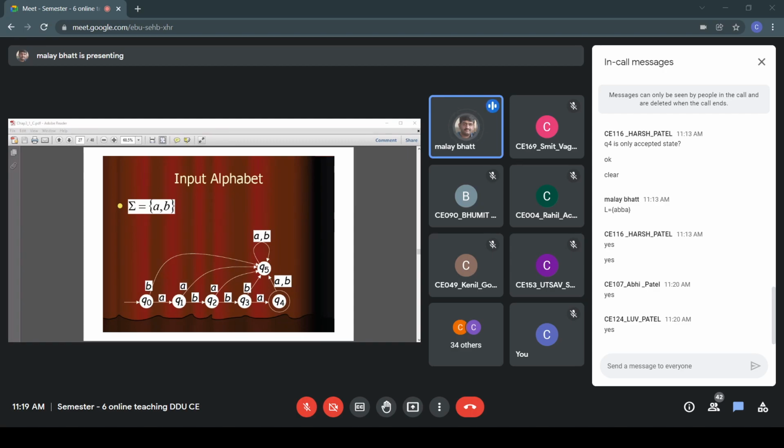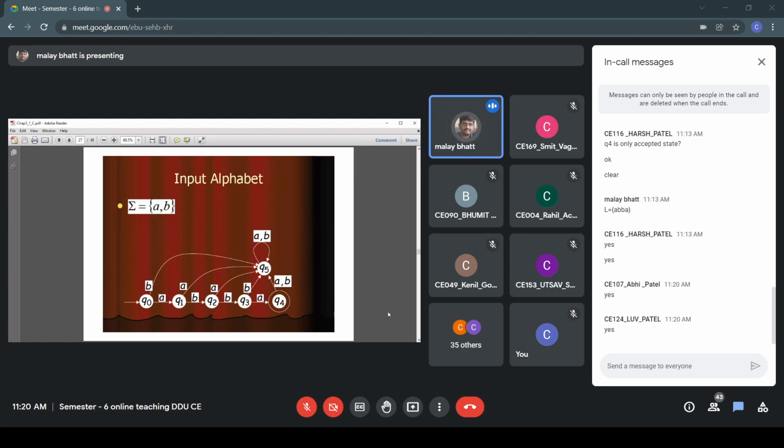You cannot miss these arrows. You must have 2 outgoing arrows from each state if sigma is AB. If sigma is ABC, then you must have 3 outgoing arrows from each state.